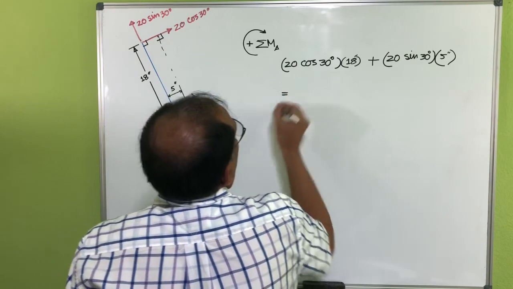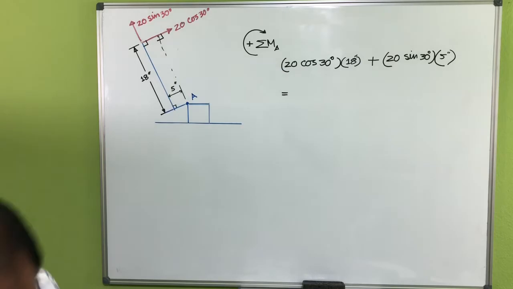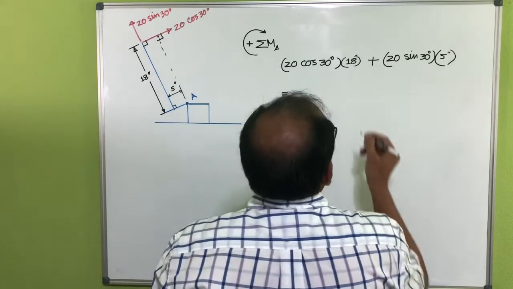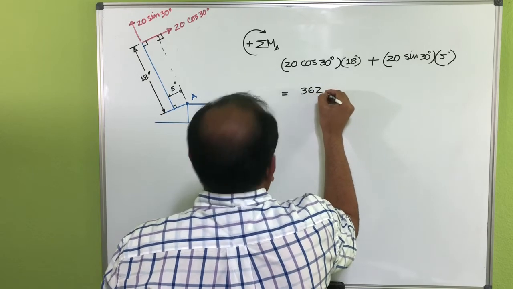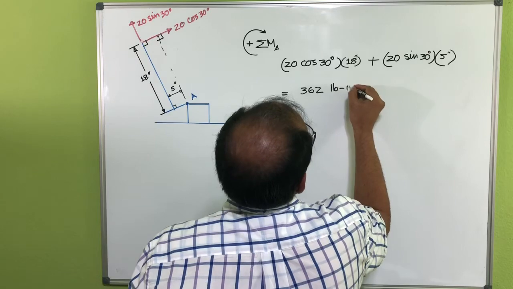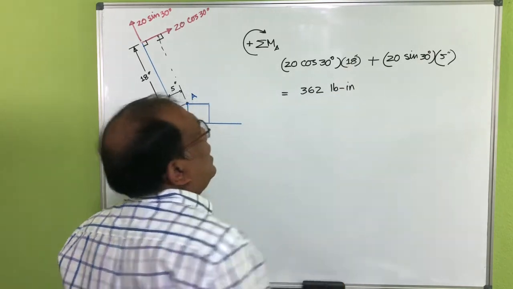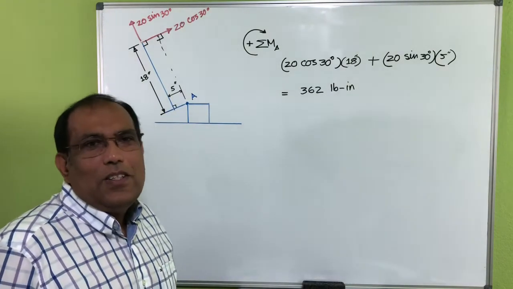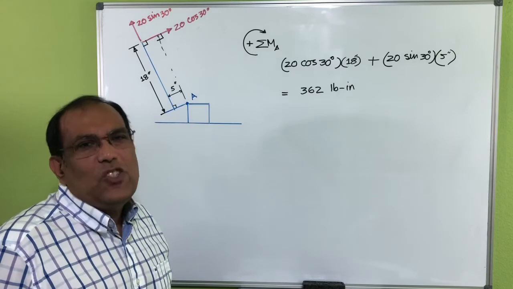If I solve that, that's basically 362 pound inch, right? If I change that to feet, then basically I'll get 1 pound feet. So both are correct because you can put that in either inch or feet.